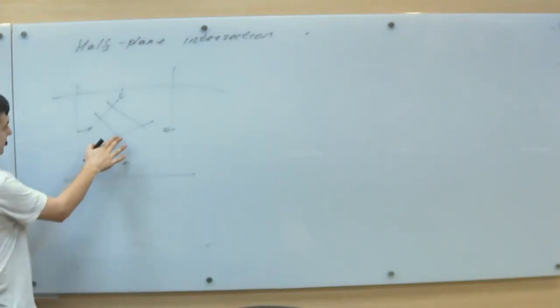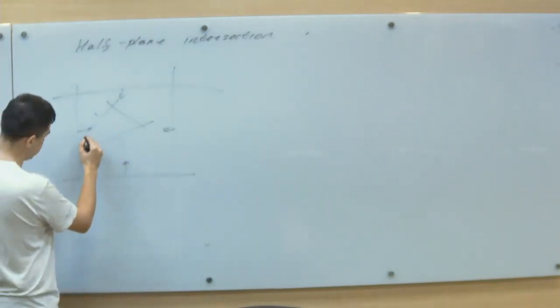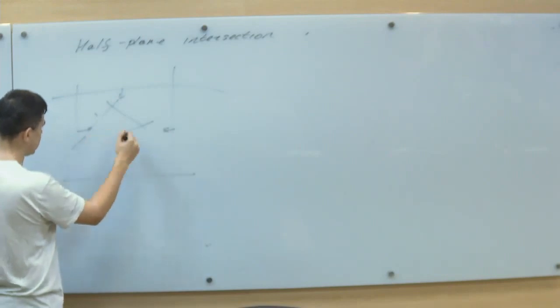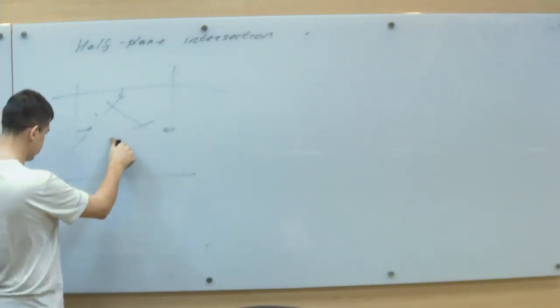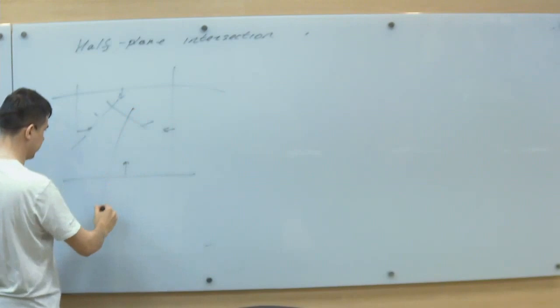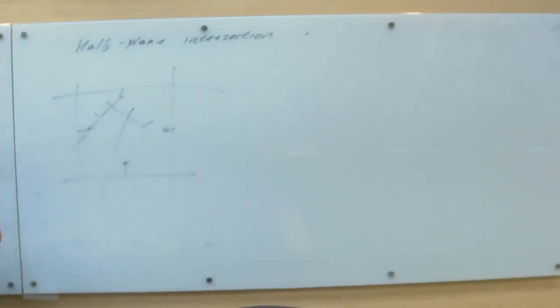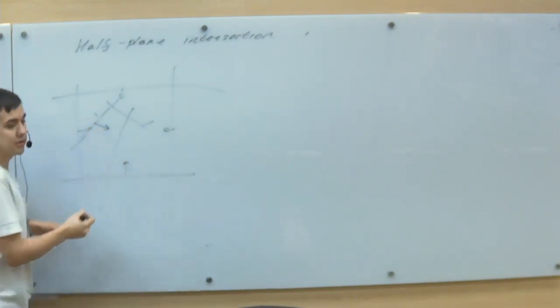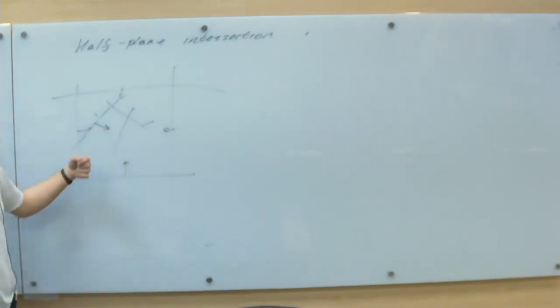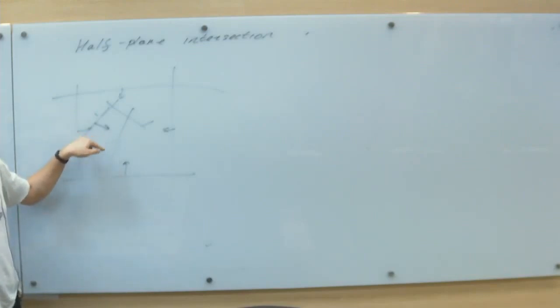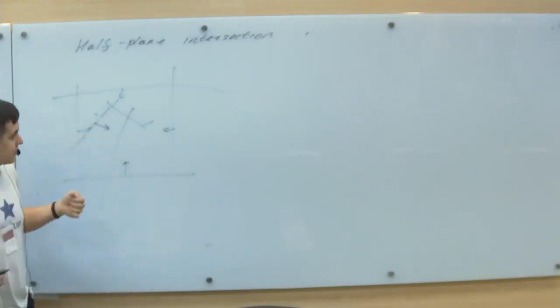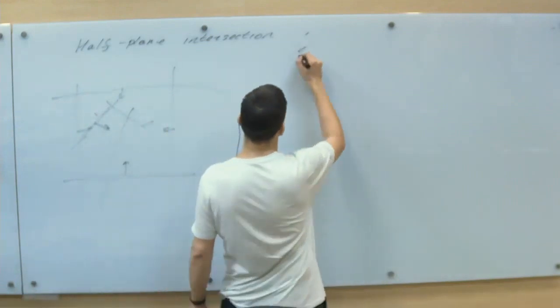Or it might not be finite. Like this. Okay, so the first step of the algorithm is to sort all the half planes by their angle. So each half plane has a normal vector. Let's sort using those vectors.